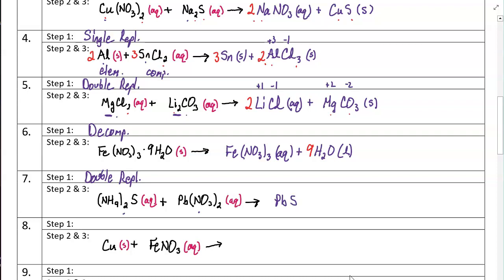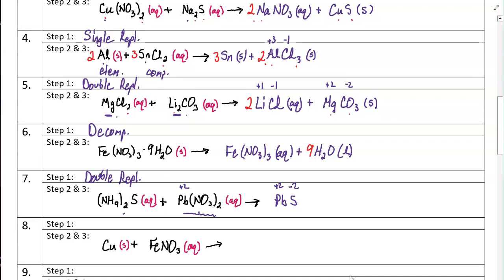Now let's pay attention to charges. The charge of the lead is positive 2. Because in this compound right here, there were 2 nitrates that paired with the lead. Nitrate is -1, so if you have 2 nitrates, that's -2. Therefore, the lead had to have been positive 2 to balance with the nitrates. Sulfide is -2 because it's in group 6A.